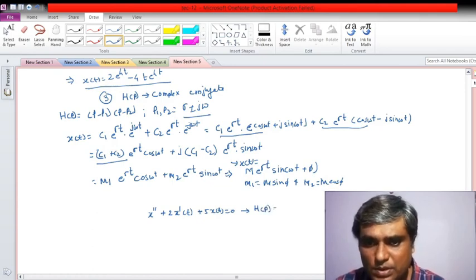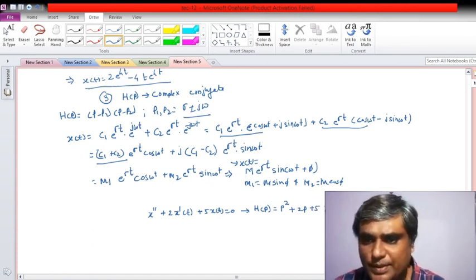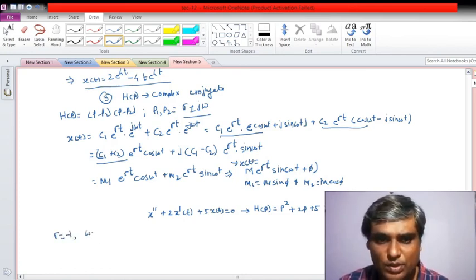It will be p squared plus 2p plus 5 equals 0, and the roots will be p equals minus 1 plus 2j and p equals minus 1 minus 2j. So here sigma will be minus 1 and omega will be 2.